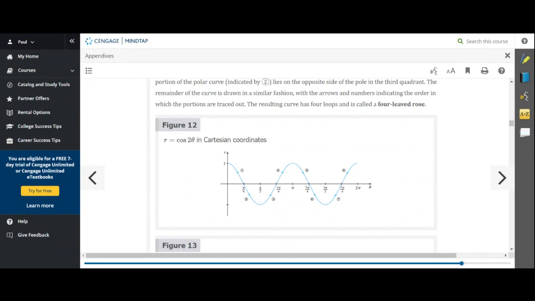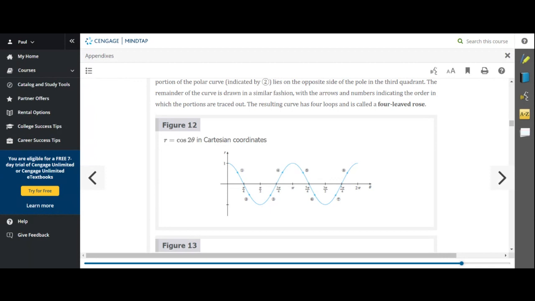That's right, Candy, pi. 2 pi is the normal period, so if you had the cosine of theta, the normal period would be 2 pi. But when you have the cosine of 2 theta, the curve goes through the angles twice as quickly, and so that cuts the period in half. 2 pi divided by 2 is pi.